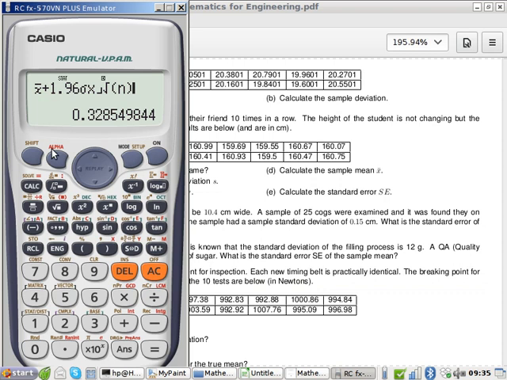That x is just printed on the screen. It's not really an x, it's a sigma. So 1.96 times standard deviation divided by square root n. So that's the upper, and then I change this to a minus, and that's the lower.